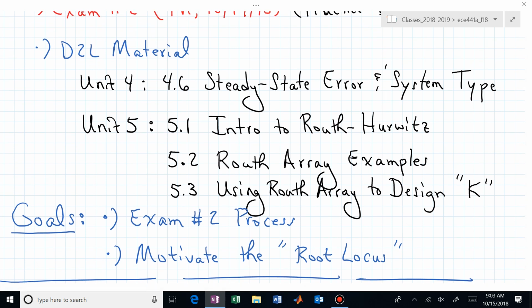Today what I want to do is first set the stage for exam number 2, which again is Friday, but also motivate what we will be doing after exam number 2, and we'll do that by reviewing what we've learned to this point, which is helpful, I think, for exam number 2. So today is, in a sense, a review, but a look forward.